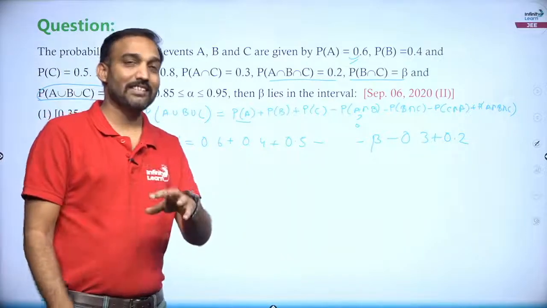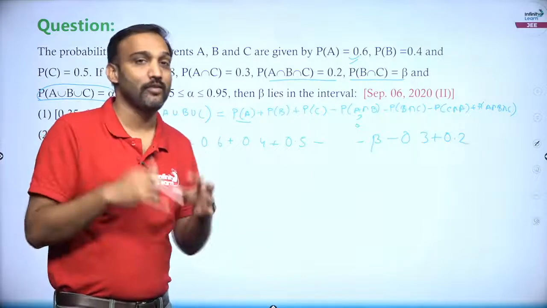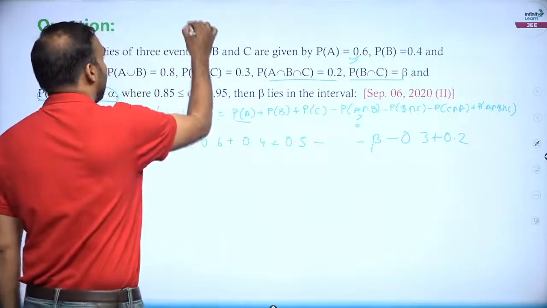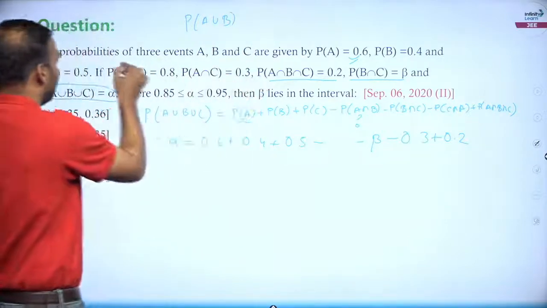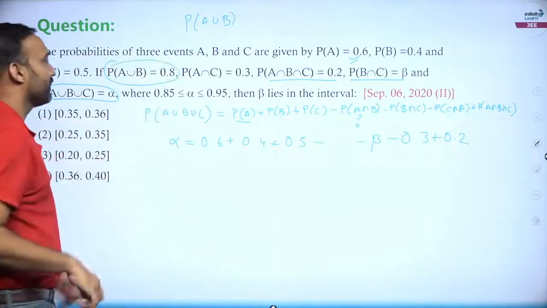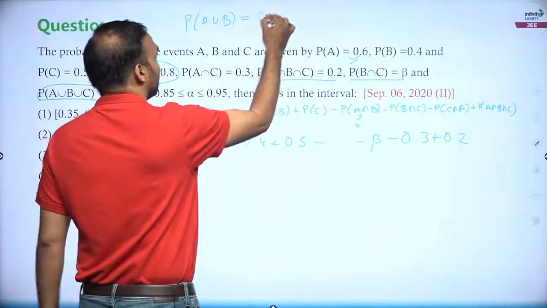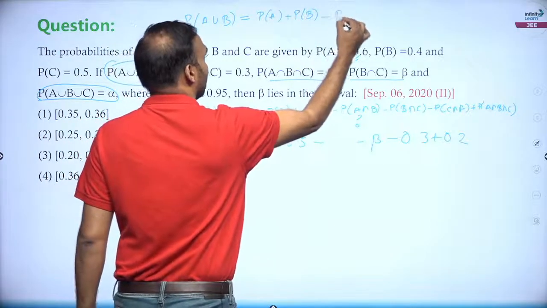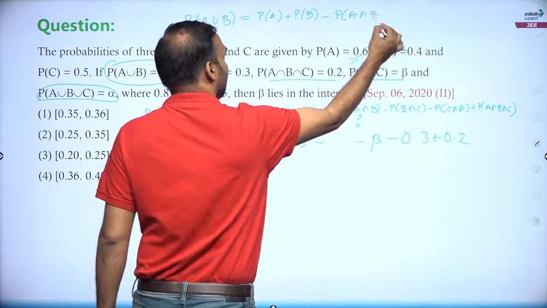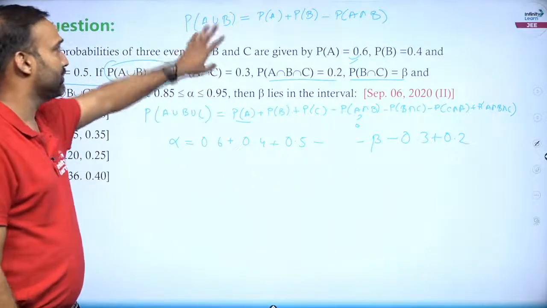Now for this A intersection B, we will use the second formula of probability of two events, P of A union B, right? Because if you observe, we have used everything except this. This is given to us, A union B. So I will use P A union B is nothing but PA plus PB minus probability of A intersection B, right? This is the formula for two sets. It is for the three sets. This is for the two set.